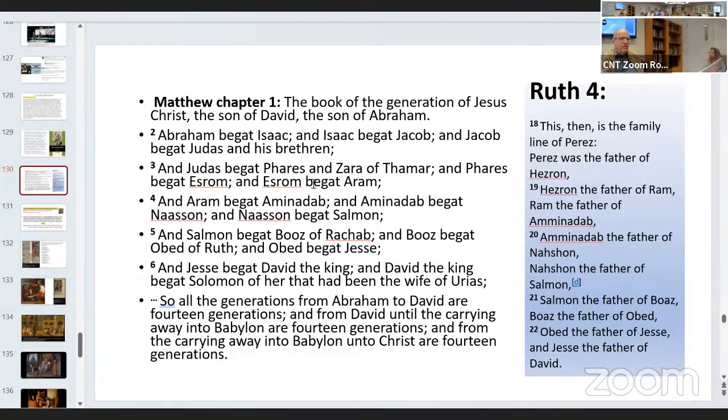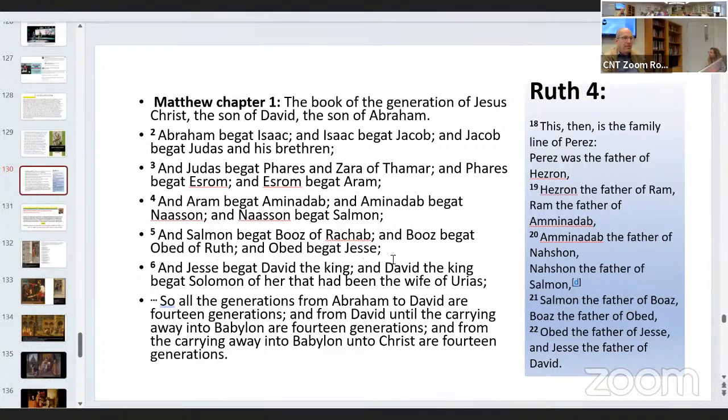And Judah begat Phares and Zarah of Thamar, and Phares begat Esrom, and Esrom begat Aram, and Aram begat Aminadab, and Aminadab begat Nachshon, and Nachshon begat Salmon, and Salmon begat Boaz of Rachav, and Boaz begat Obed of Ruth, okay?